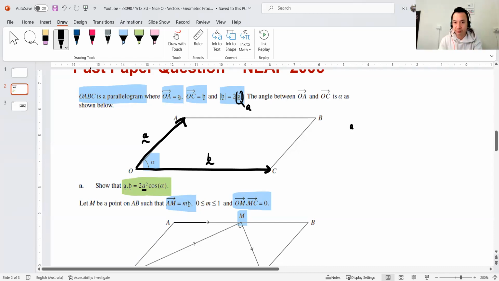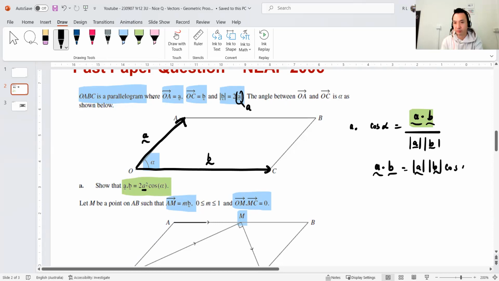So for part A, all we need to do is that we know that cos alpha equals A dot B over magnitude of A times magnitude of B. Pretty easy. Guys, they want to make A dot B the subject, so do that please. A dot B equals magnitude of A, magnitude of B, cos alpha.